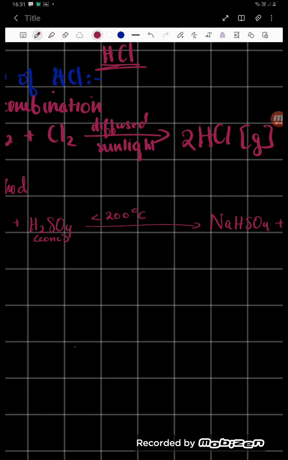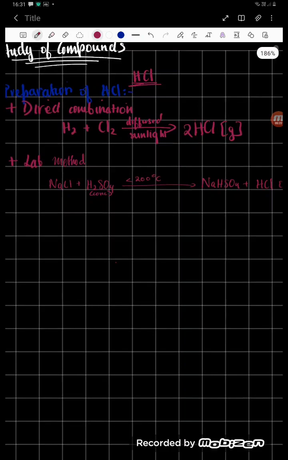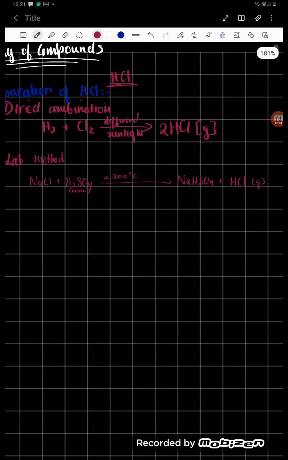So let's talk about the reactants. This is the formation, that is the laboratory method here.